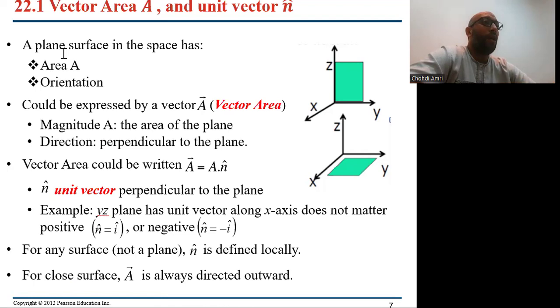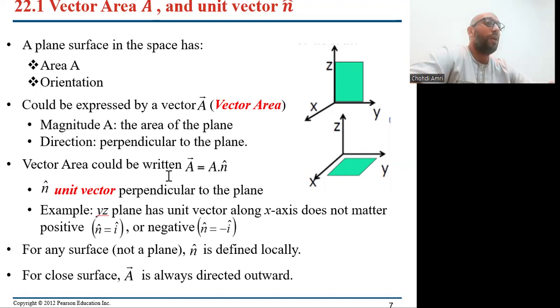Let's take a plane surface in space that has an area and has an orientation. Could this plane surface be expressed by a vector area A? A vector area, as I said, has a magnitude which is equal to the area of the plane and has a direction which is perpendicular to this surface.